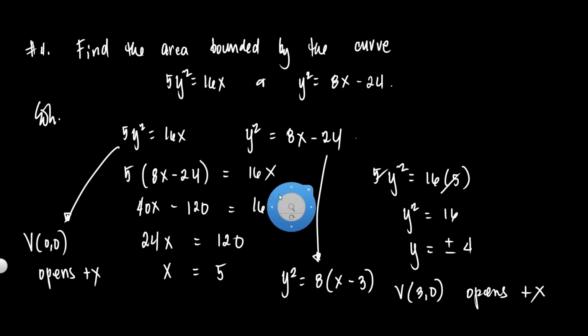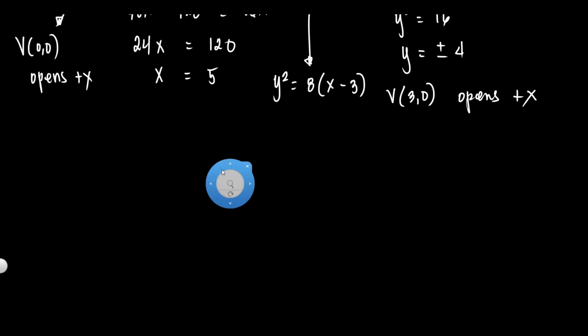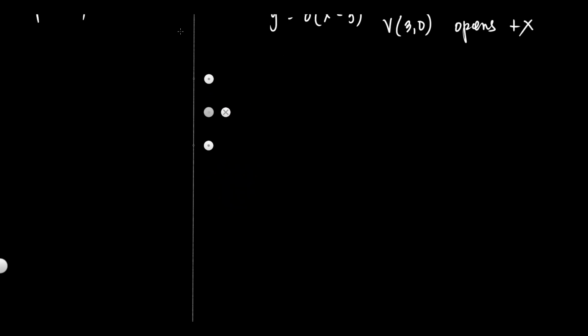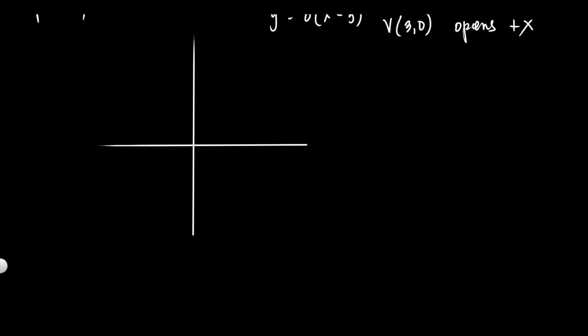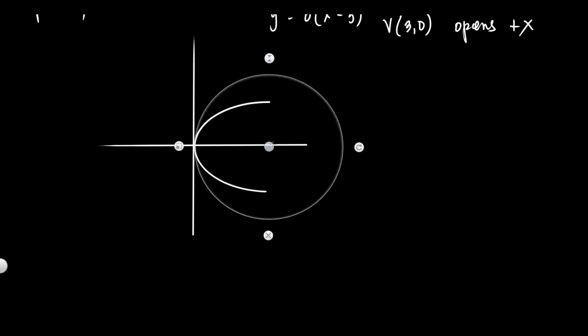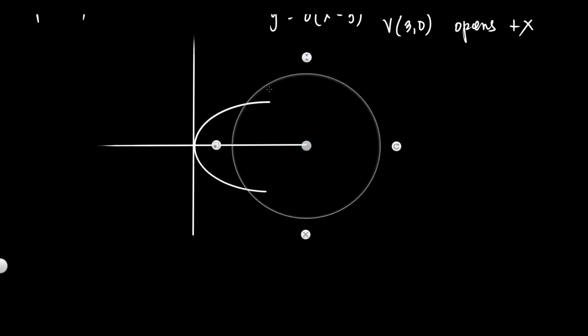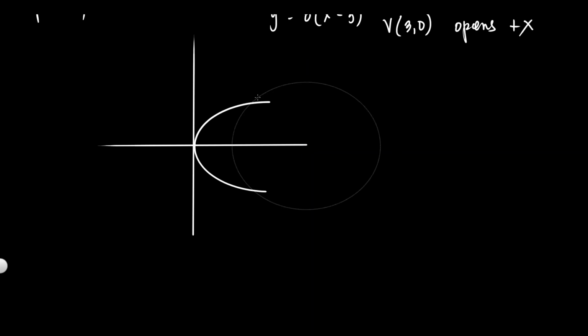So, let's draw it. Two parabolas. This is our parabola whose vertex is at 0, 0. And the other one, the vertex is at 3, 0. It looks like a circle, but assuming, it's just like this.